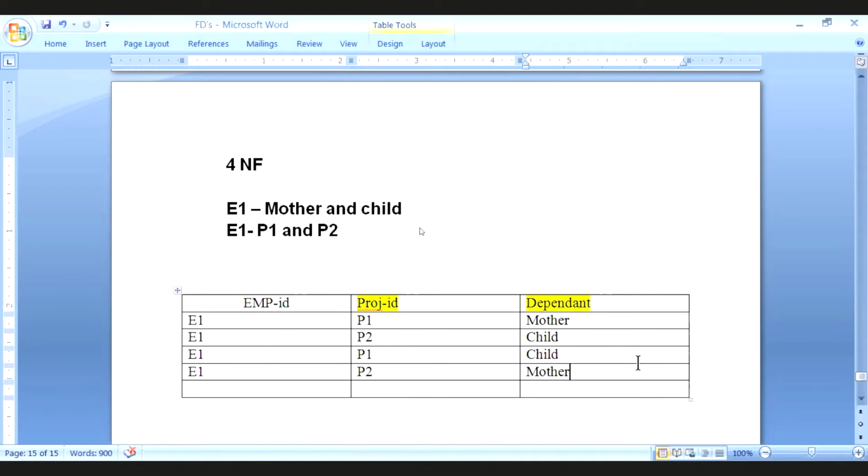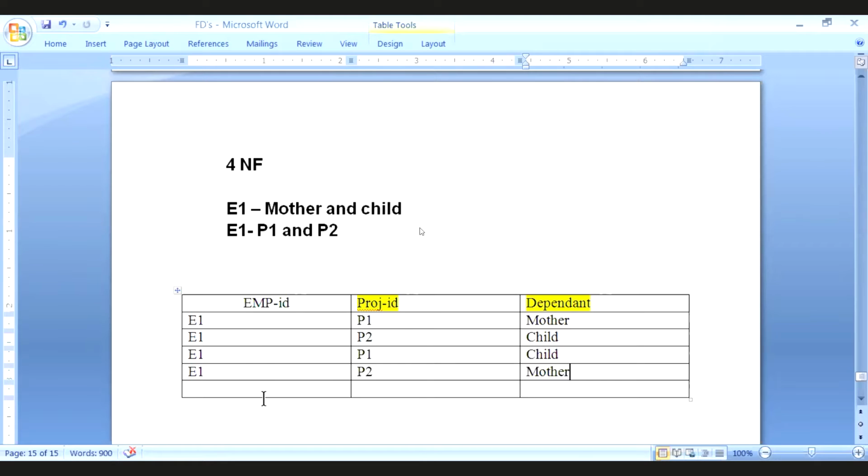This is a very rare scenario. Here I have inserted only three attributes, but there may be more than three attributes. All the other attributes are independent of each other except employee ID, and employee ID is associated with multiple values of project ID and multiple values of dependents.